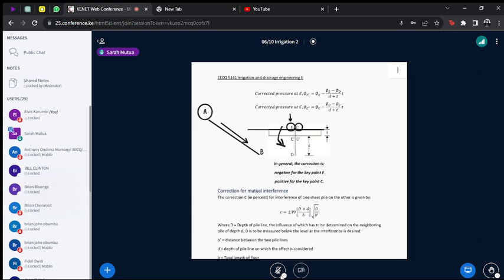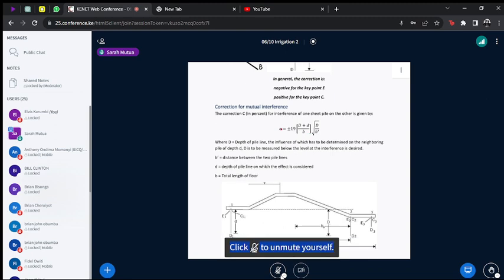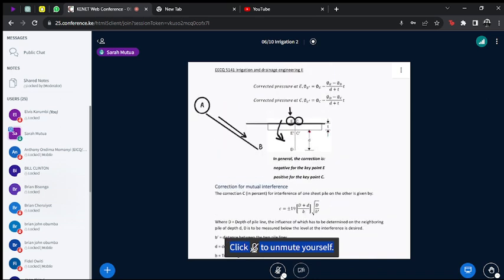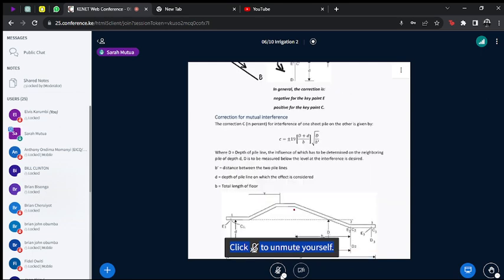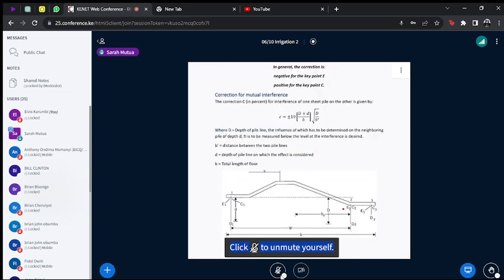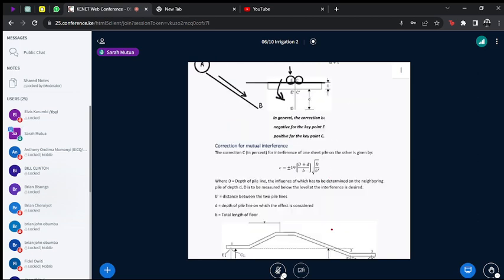We have correction for mutual interference, and we have an expression for that. C is equal to plus or minus 19 D plus D divided by B square root of D B prime. And all those are indicated, where B prime is the difference between the two piles whereby you are calculating the interference.